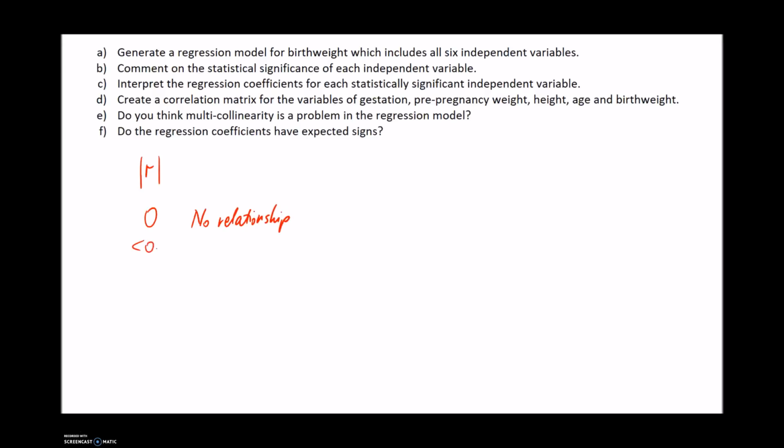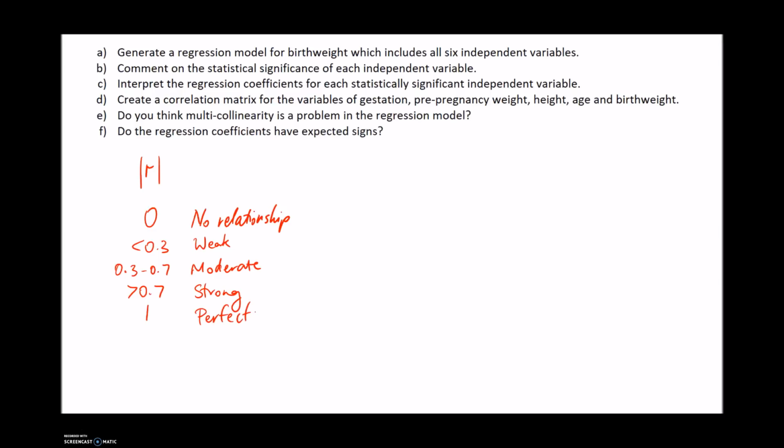If you ended up with something less than 0.3, that could be interpreted as weak. 0.3 to 0.7, this was a moderate relationship. If you had something greater than 0.7, it was a strong relationship. And if you have a value of 1, that means that it's perfect.